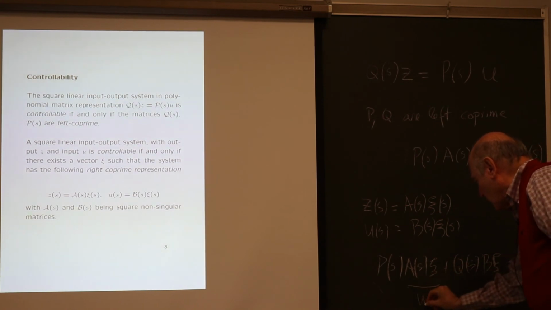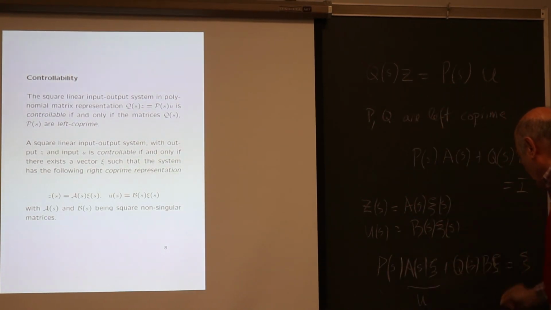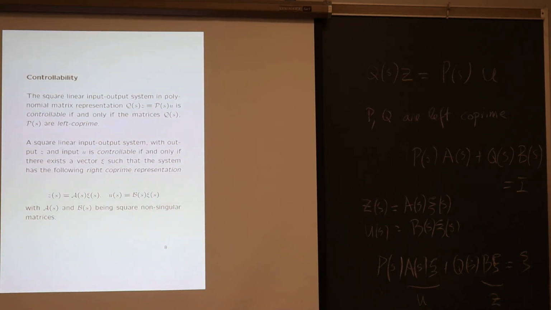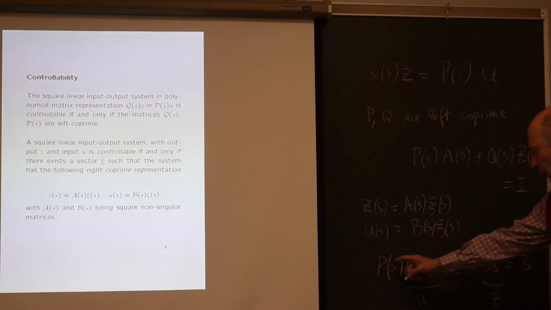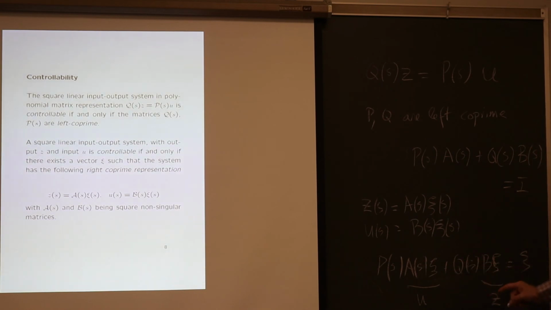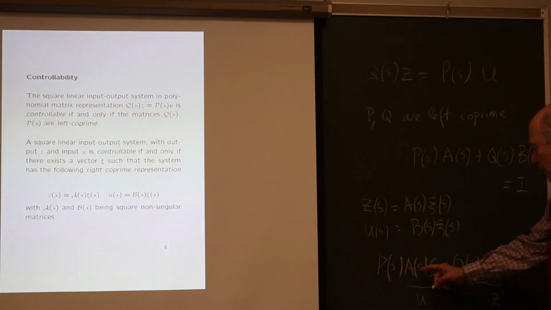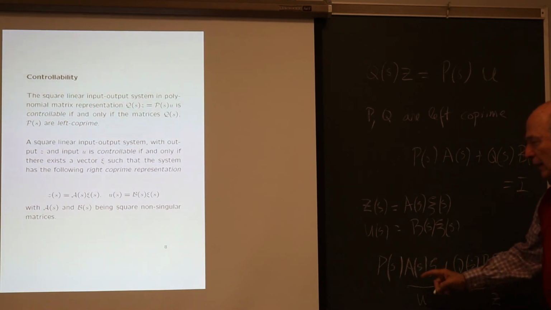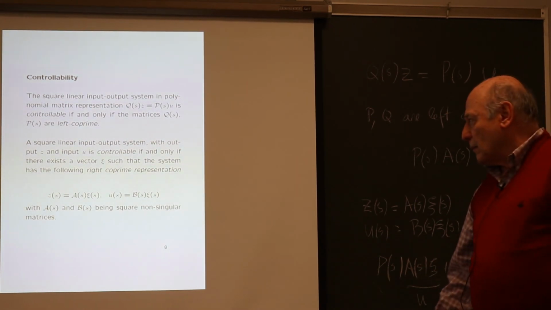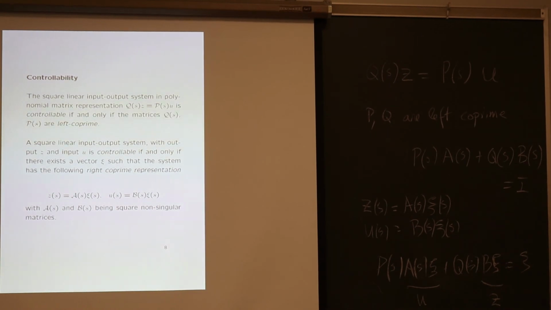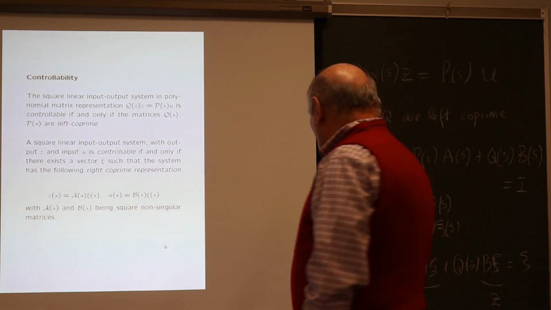If we let this be u, P times u has to be Q times y. So in essence, P times u plus Q times y will be there, and we will call A(s)c(s) the right coprime representation of u, and we will let B times c be the right coprime representation of y.